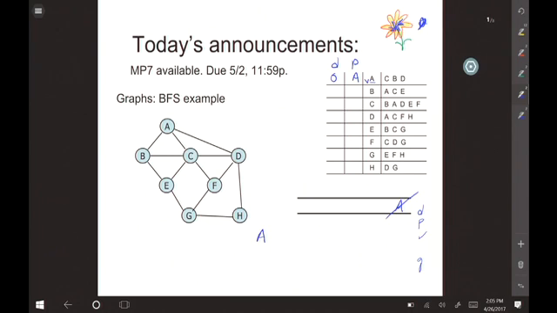Now, every iterative step, we're going to set up a for loop over the incident edges. At every iteration of that for loop, that is one edge at a time, I'm going to ask a couple questions.